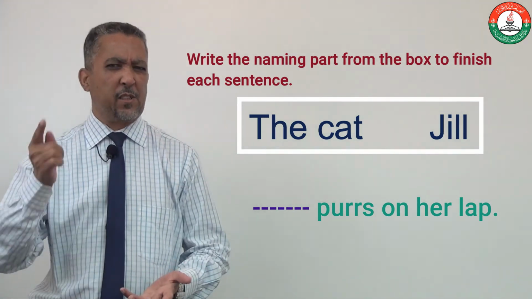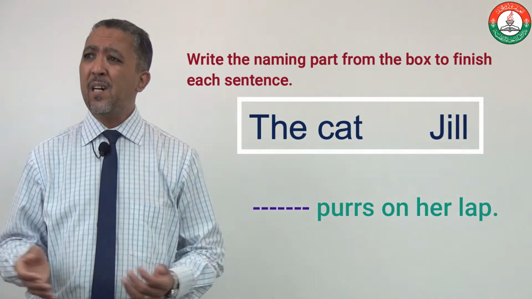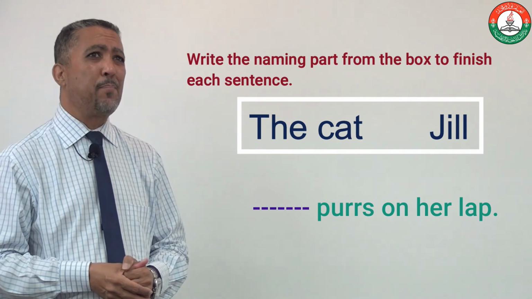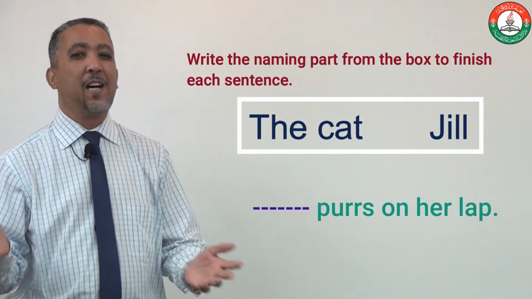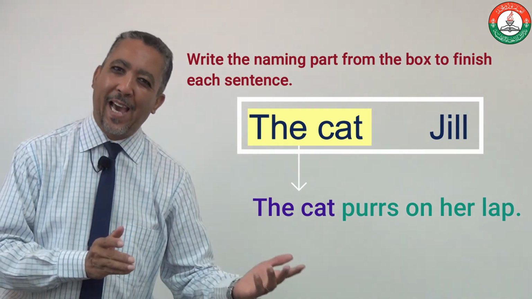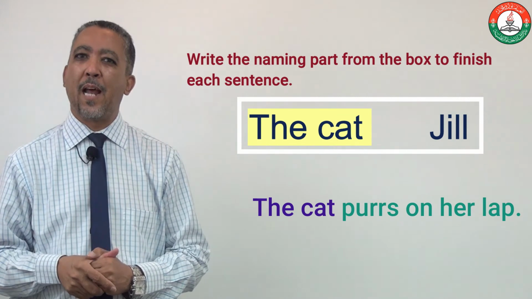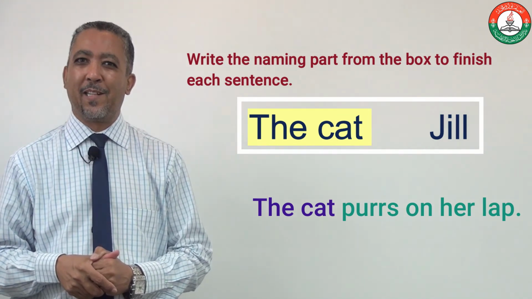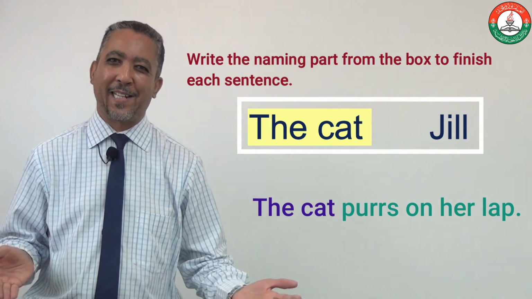But let us ask the question, what purrs on her lap? We come back to the same answer. The cat purrs on her lap. So the sentence is all about the cat.